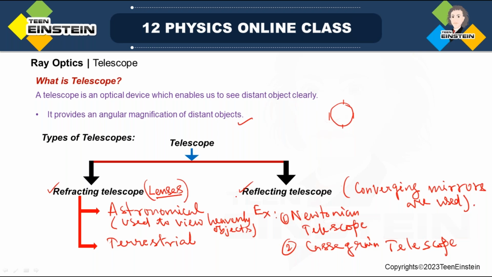If you see the running player inverted, then you won't get that feeling, or that would be a little bit absurd. So therefore, in terrestrial telescopes, the final image is an erect image.